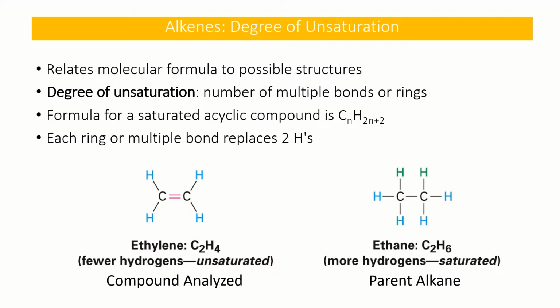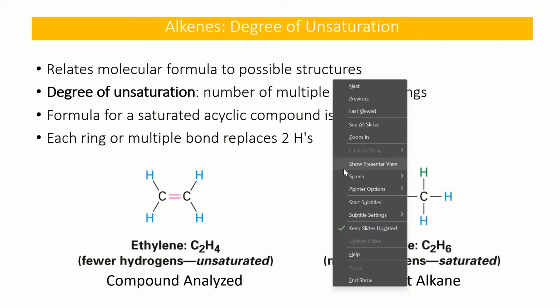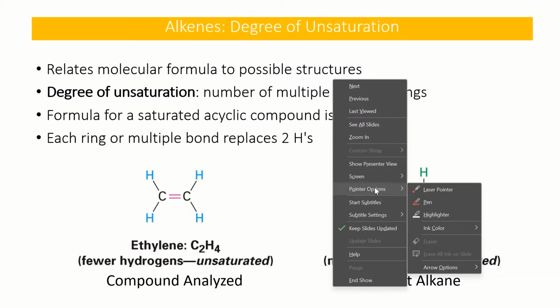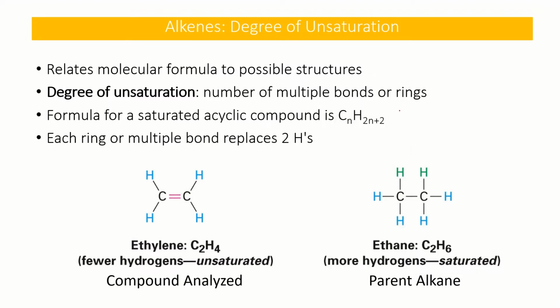Alkenes show 1 degree of unsaturation, and what we've got to remind ourselves is that the parent alkane has a formula CnH2n+2 for acyclic compounds.